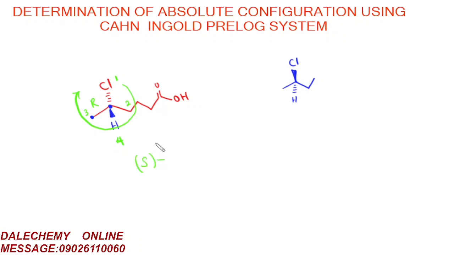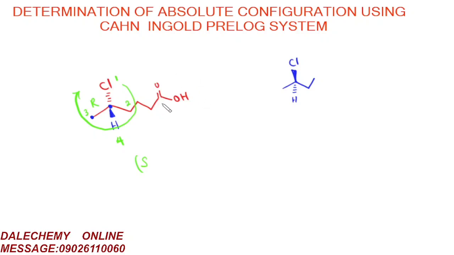You are now going to name this compound. So that will be 1, 2, 3, 4, 5, 6. But you are not going to name in this direction, because if you want to name, you are supposed to name starting from the carbon next to the functional group. So this is the functional group.